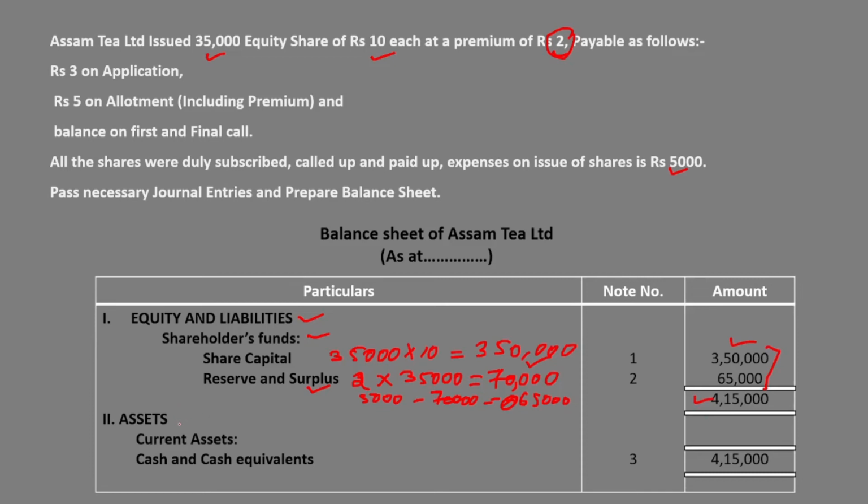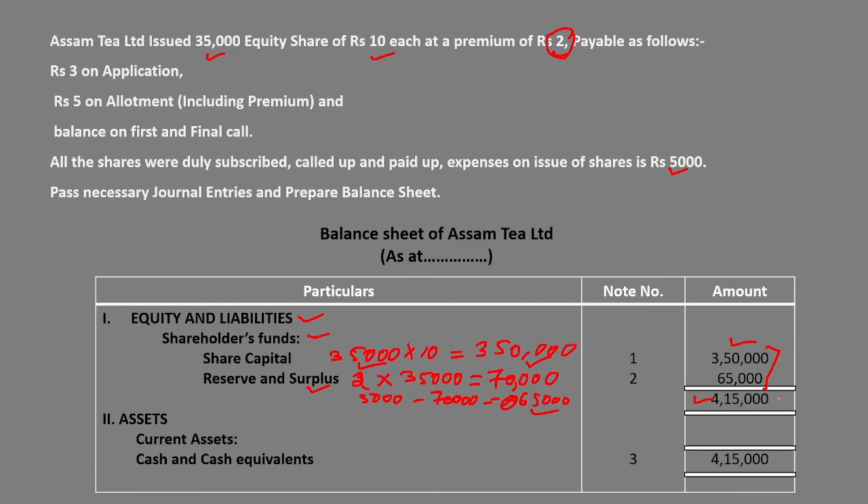And in assets we are going to write the same amount, because we know that the amount on both liabilities and assets has to be the same. Since the company has issued 35,000 shares at the rate of rupees 10, they have received 3,50,000, and for reserve and surplus in the name of premium they have received 65,000, and the total sum is 4,15,000.